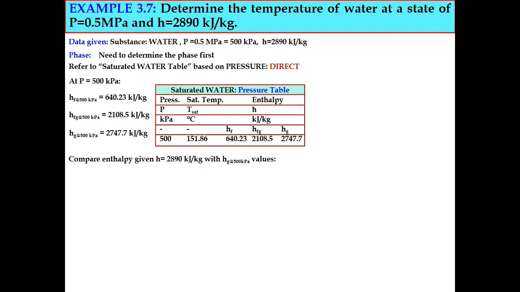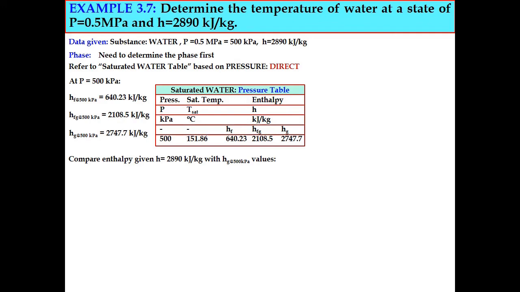Now you need to compare the enthalpy value given, H 2890 kilojoule per kg, with the value of Hg at 500 kilopascal. Actually, we need to compare both Hg and also Hf at 500 kilopascal.